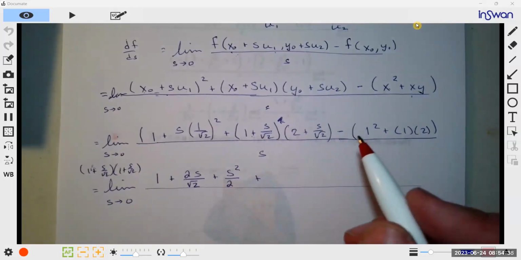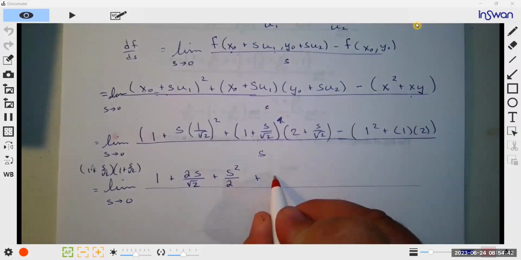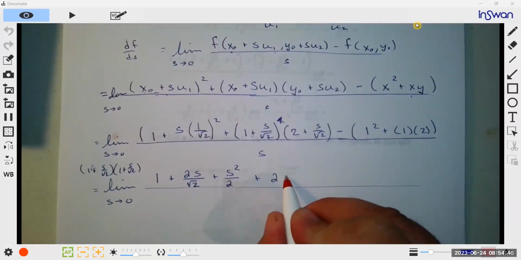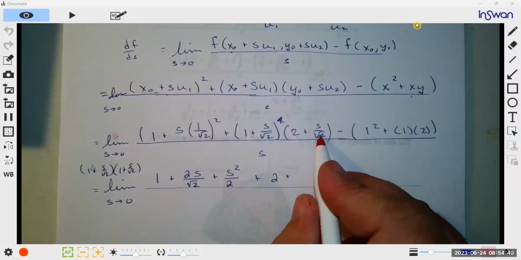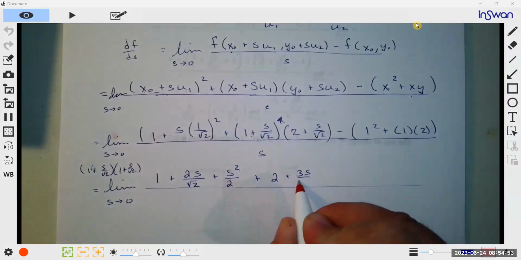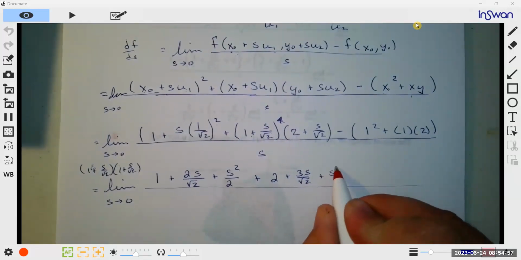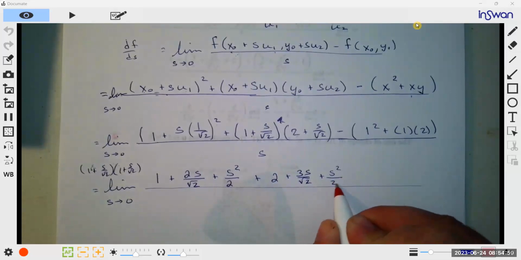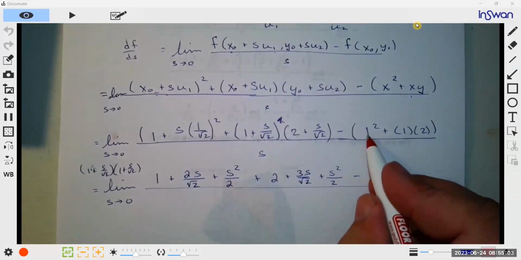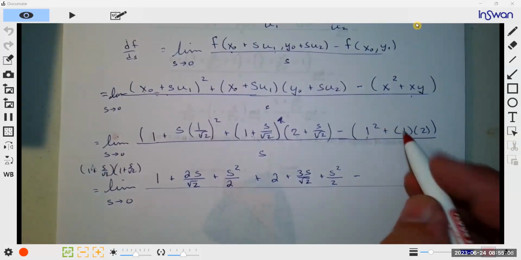And then now these two: 1 times 2 is 2, plus s over radical 2 plus s over radical 2 makes it 3s over radical 2, plus s squared over 2. One squared is 1, plus 2 is 3.